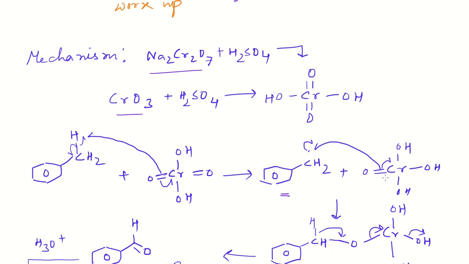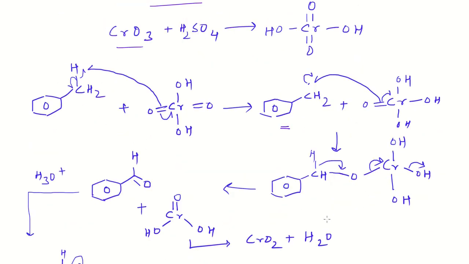After that, this radical will be attacked by the oxygen atom of the chromium in order to afford this ester. Then a water molecule will abstract one hydrogen from the benzylic position, and an elimination reaction will take place in order to generate the corresponding benzaldehyde and this chromium dioxide.